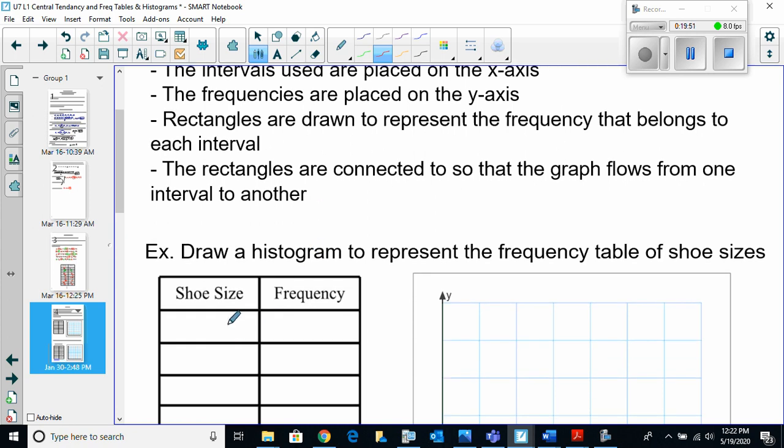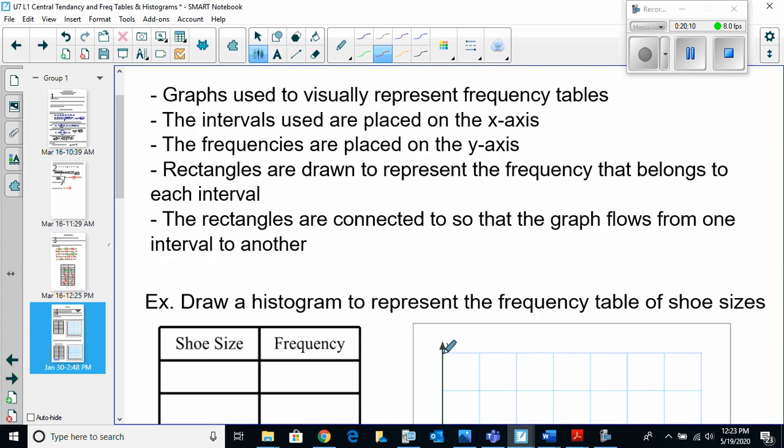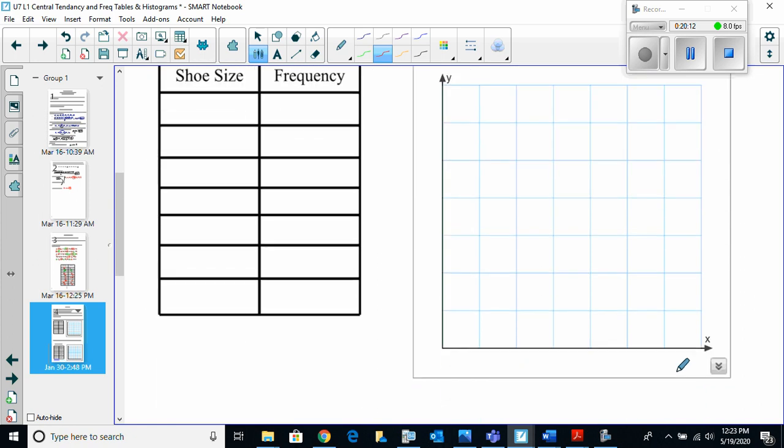So if we have a histogram of shoe sizes, let's suppose that we are in a class, and we ask, what is your shoe size? And people say 35, and then how many 35s do we have? The 35 will be on the x-axis. So here we will have the shoe size, and on the y-axis, we will have the frequency: how many times that shoe size appeared.